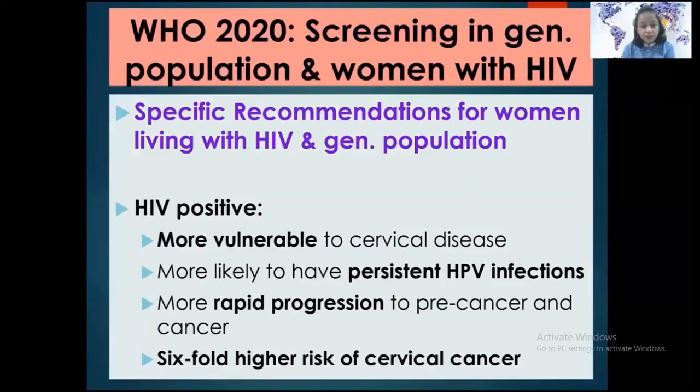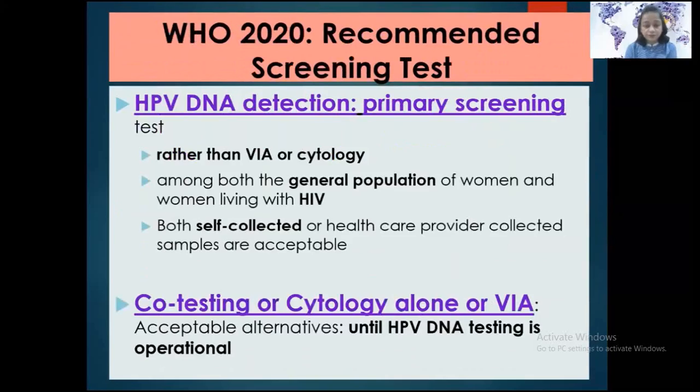So in the WHO guidelines, they've given separate recommendations for HIV positive women and for general population women. This is because HIV positive women are more vulnerable to development of cervical diseases, and they're more likely to have persistent HPV infections with more rapid progression to pre-cancer and cancer, and have a 6-fold higher risk of cervical cancer as compared to the general population women.